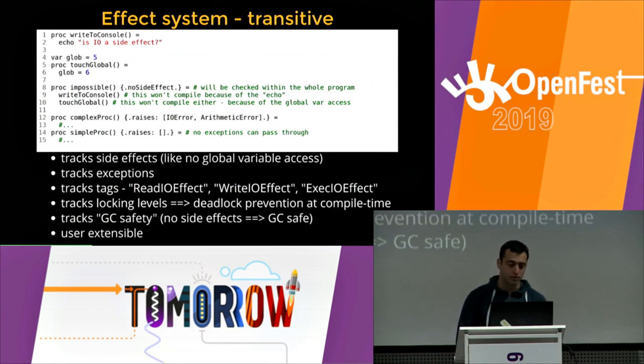We can also use custom tags, and we can leverage this effect system in any way we want, actually. And for example, a function can be deemed garbage collection safe if it doesn't have any side effects. And so the garbage collection and the effect system play nicely.